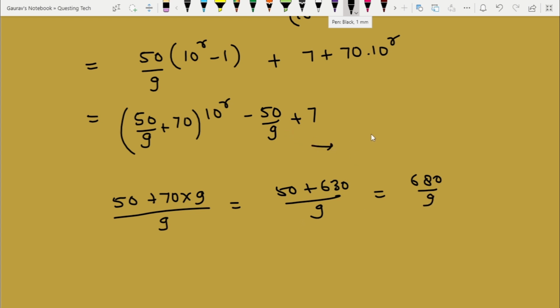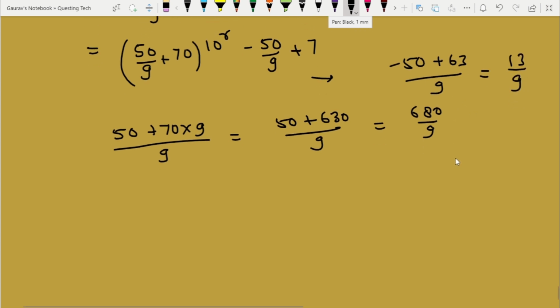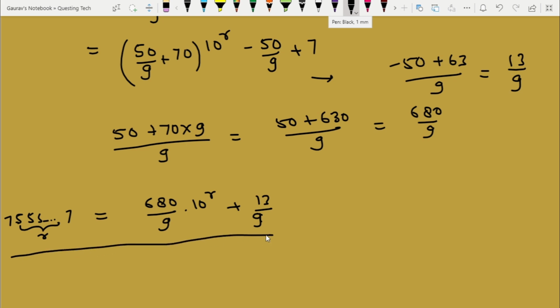And for this number, minus 50 plus 63 divided by 9, and this is going to be 13 divided by 9. Okay, sure. So can we say that this number is 680 divided by 9 multiplied by 10 raised to power r plus 13 by 9? And this number is 5557, with r number of 5s. So we represented this number in this manner.